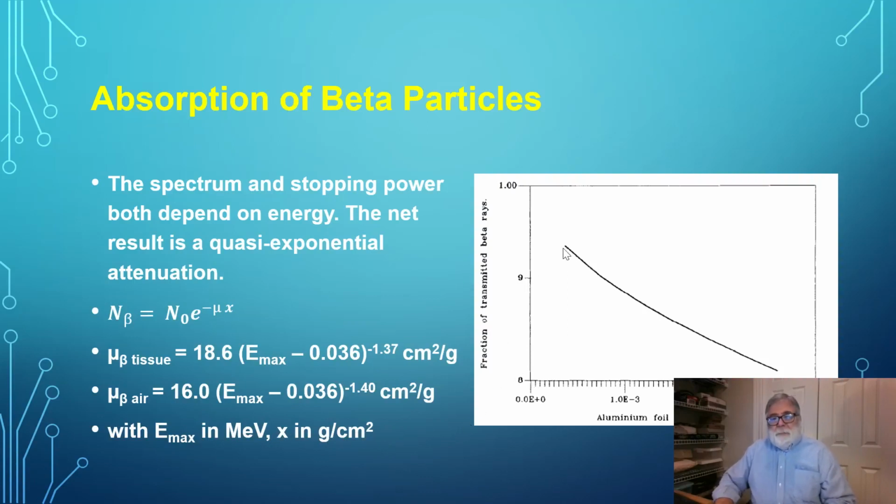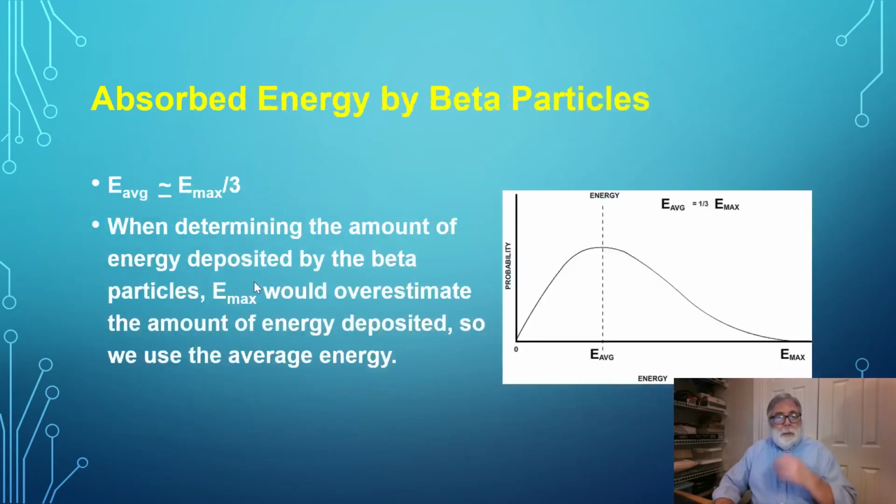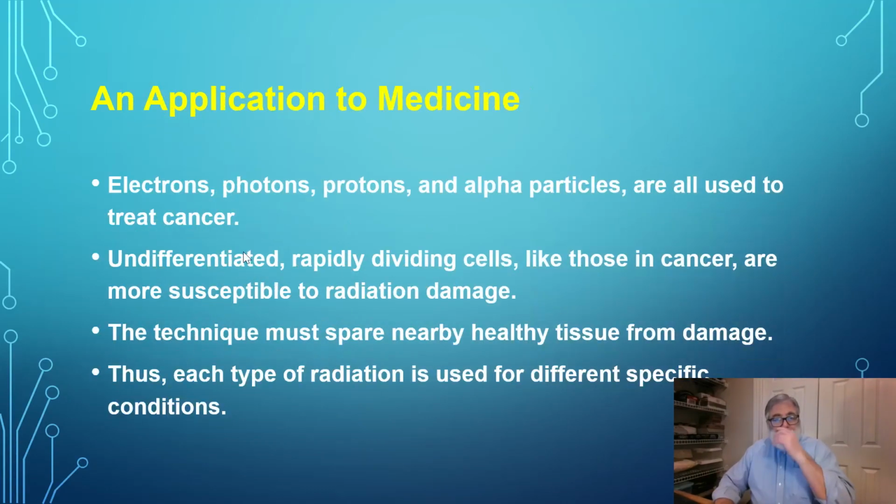And here's a plot showing the exponential attenuation, as a fraction of beta particles present after passing through a foil of different thickness. This slide shows what the spectrum looks like, and the fact that the average energy is a third of the maximum energy.